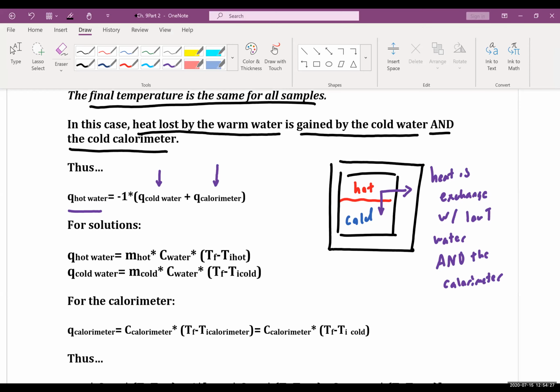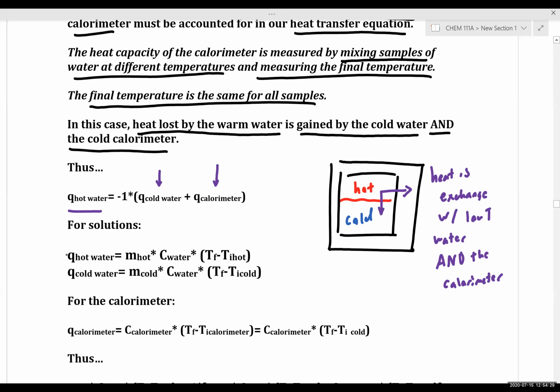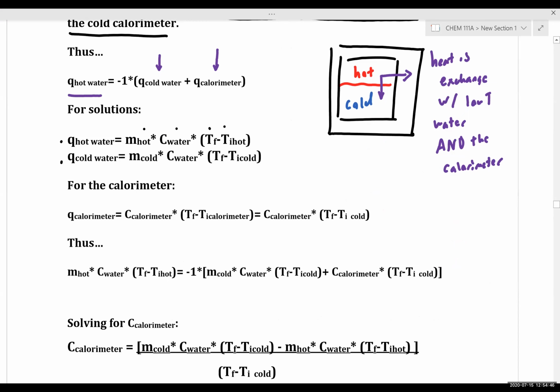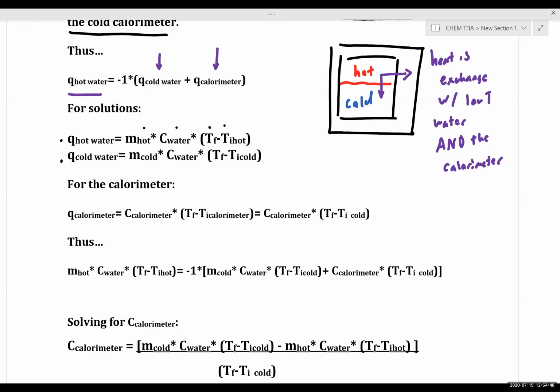Now, we know that for solutions, we can measure the heat associated with the heat transfer of the hot and the cold water by taking the mass times the specific heat times the T final minus the T initial. Now, for the calorimeter, we already have an expression to measure the heat gained by the calorimeter, and that's our calorimeter heat capacity times the T final minus the T initial of our calorimeter.